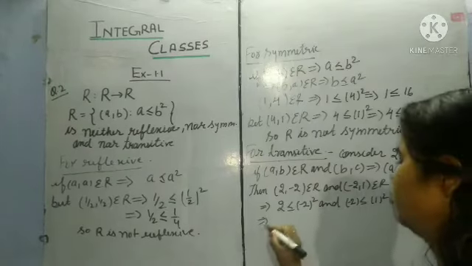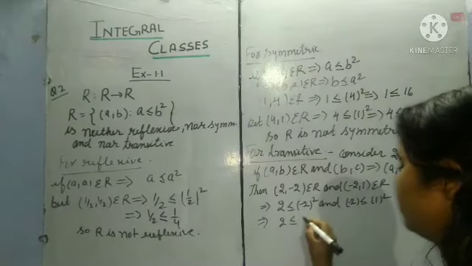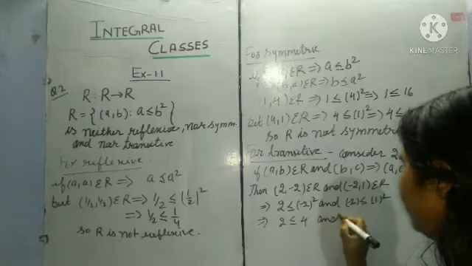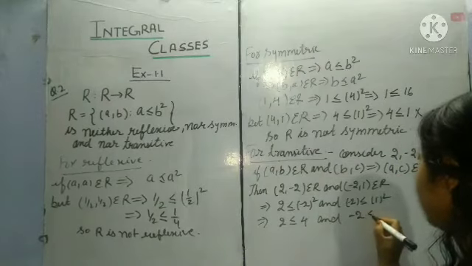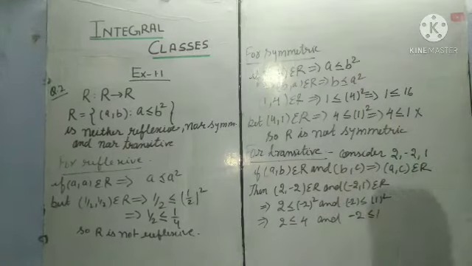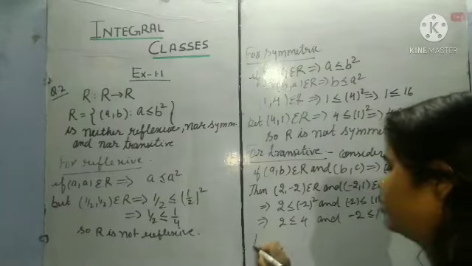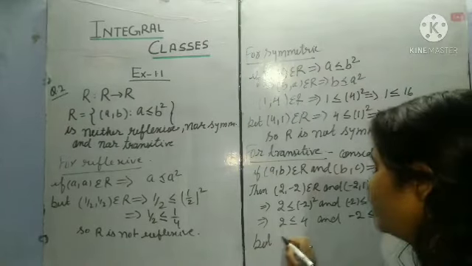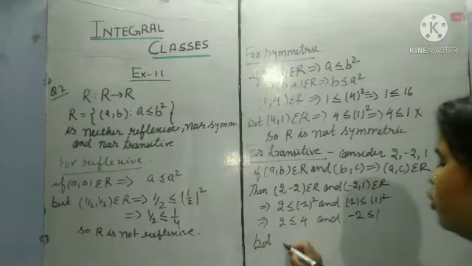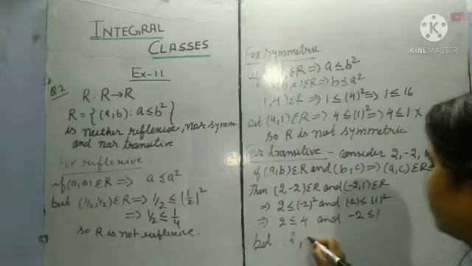So now 2 is less than or equal to 4 and -2 is less than or equal to 1. It is true.